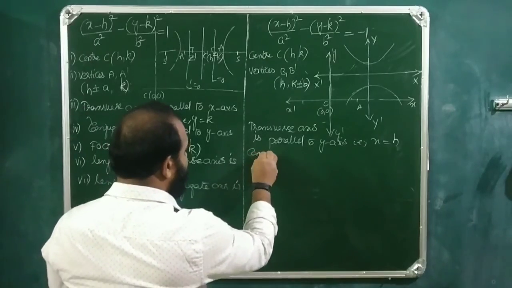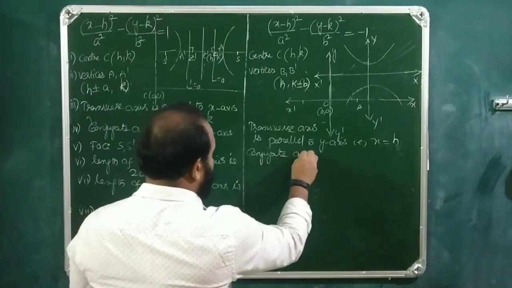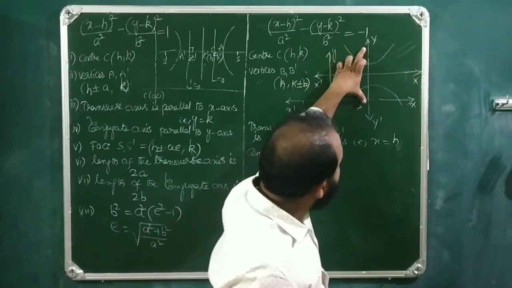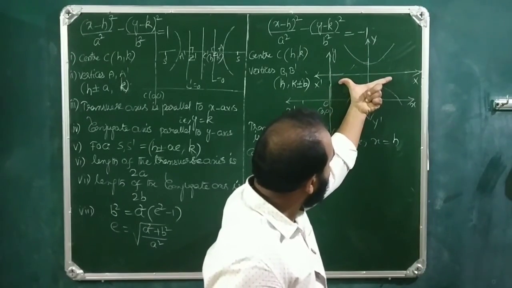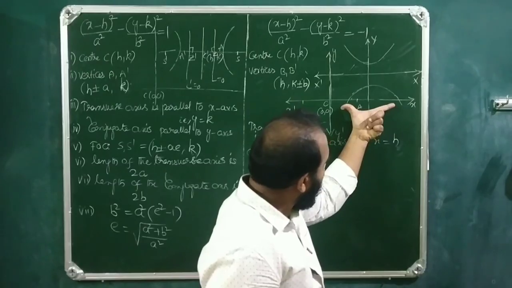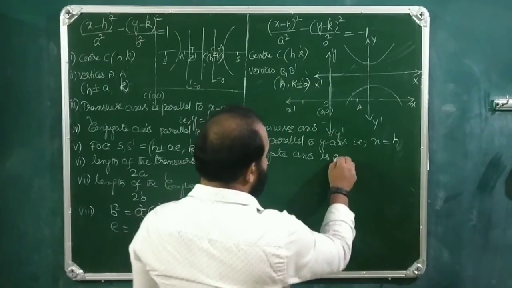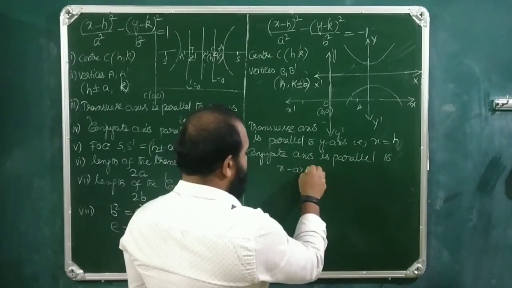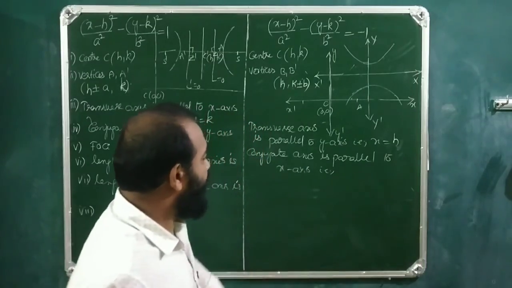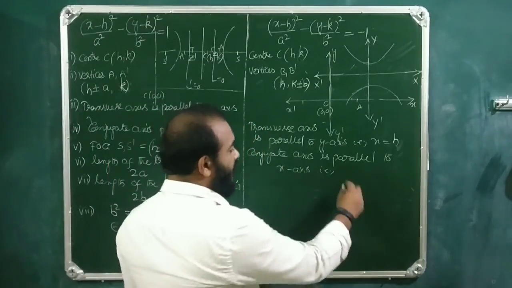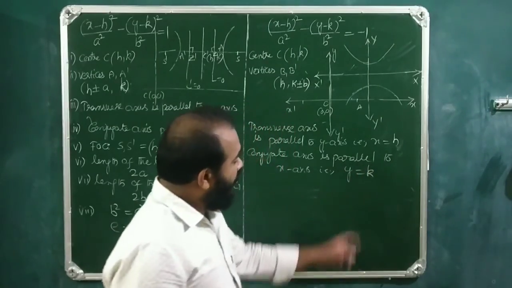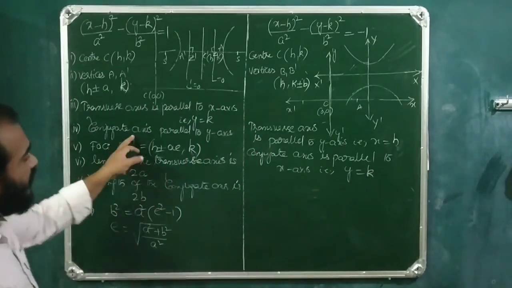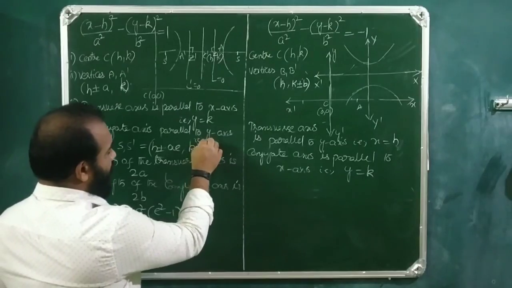The conjugate axis: what is the conjugate axis here? This is the transverse axis and this is the conjugate axis. This conjugate axis is parallel to the x axis, and any line which is parallel to x axis is of the form y equals to something. So y is equal to k. K is associated with y and h is associated with x.